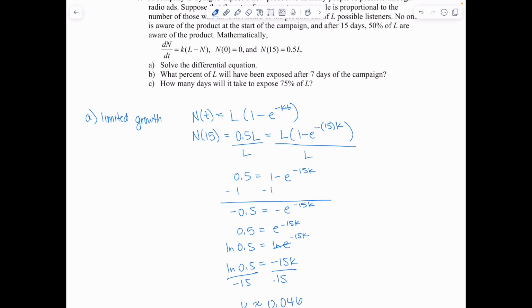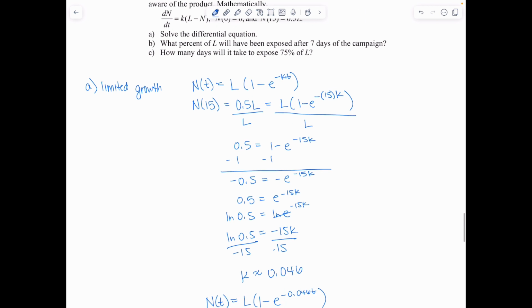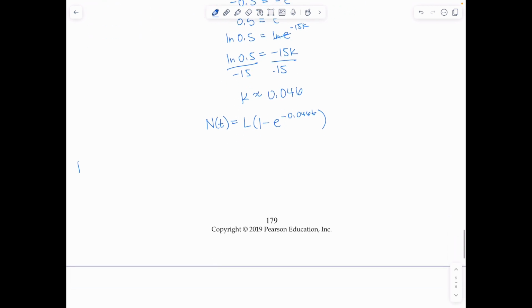What percent of the listeners will have been exposed after 7 days of the campaign? After 7 days, that means t is 7. So we are going to look for N of 7. We'll have L times 1 minus e to the negative 0.046 times 7.